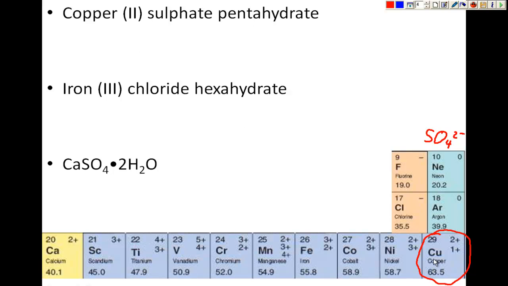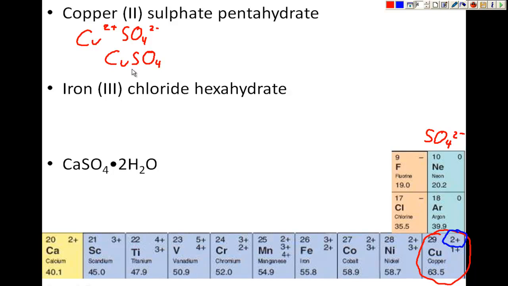Okay, so we have copper 2 sulfate pentahydrate. So which copper is being used? Well, it tells us that the number 2 copper is being used. So right here is the one that's being used. So we're going to write this Cu. Now the number 2 is being used, so I'm just going to write up here. And we also have SO4 2 minus is being used. Okay, so if we cross multiply this, it's going to look like CuSO4.